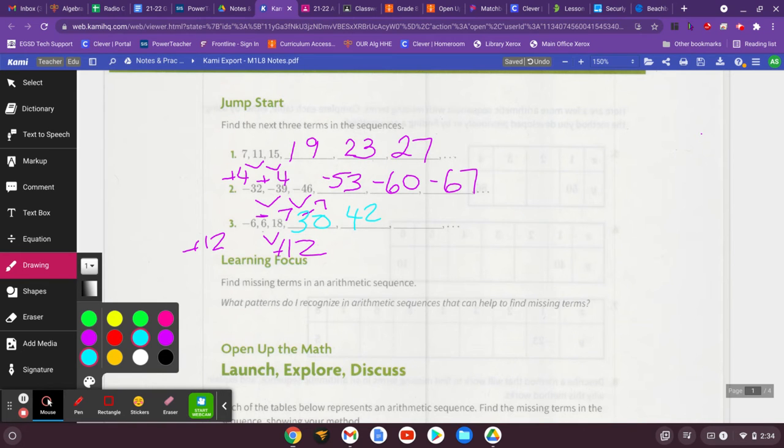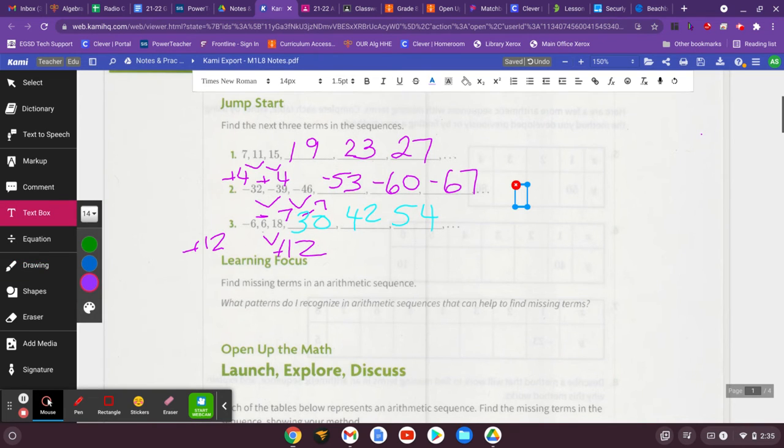And 42 plus 12 is 54. All right, so we notice that these are all arithmetic sequences.